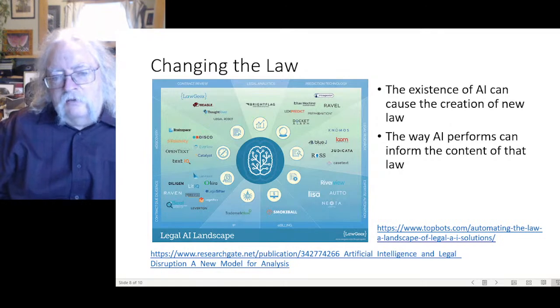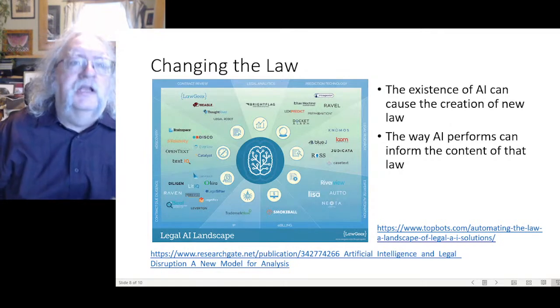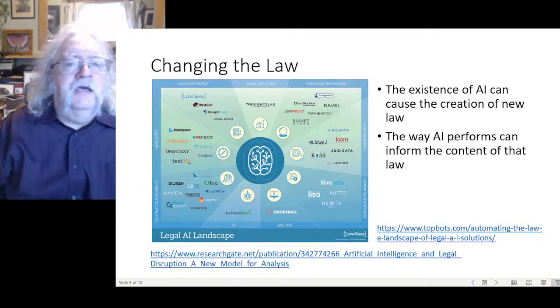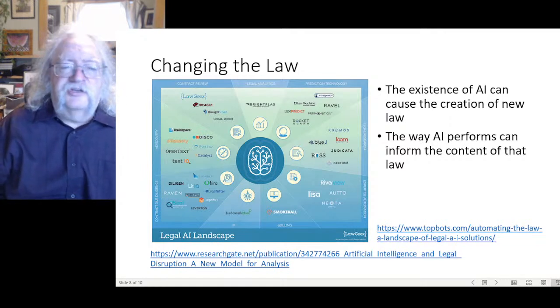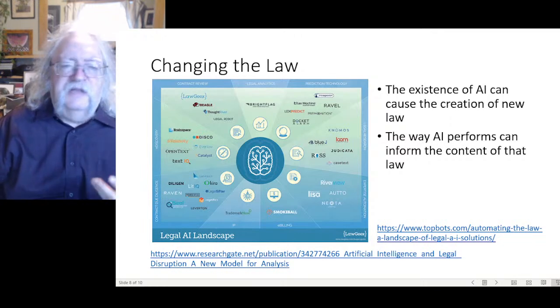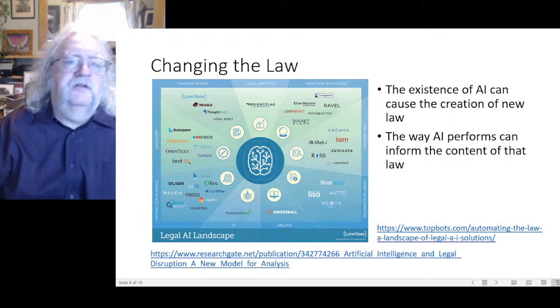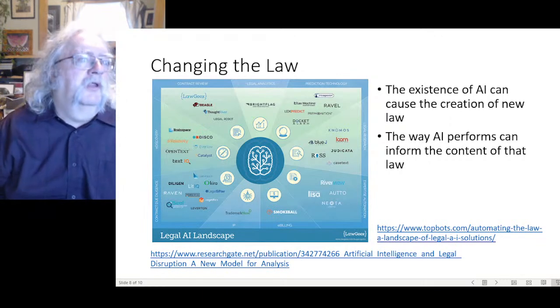So now we have two ways in which AI could change law. First of all, AI can give us new capacities we didn't have before, such that the law does not prevent them, and they go beyond the intention or the scope of the law.